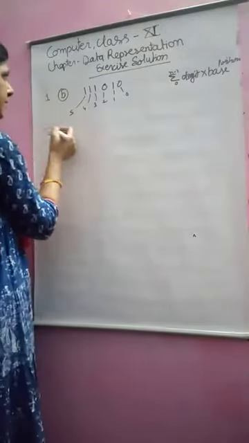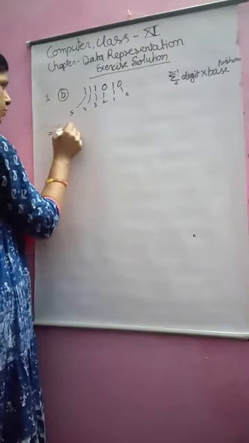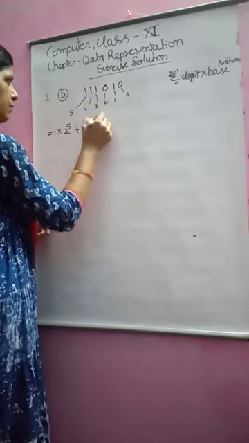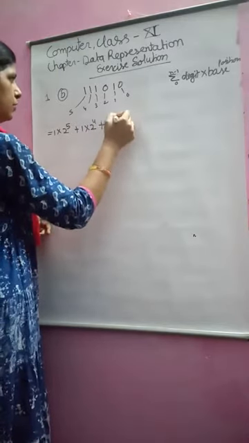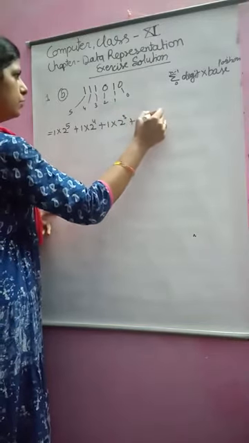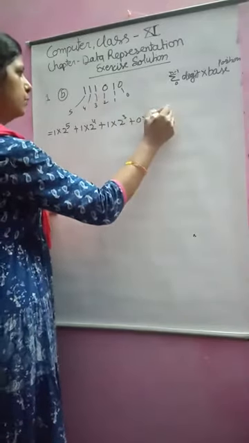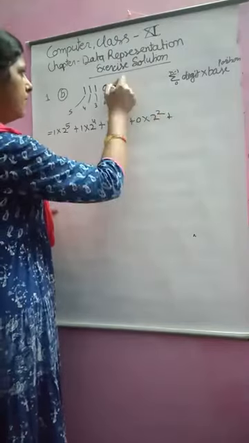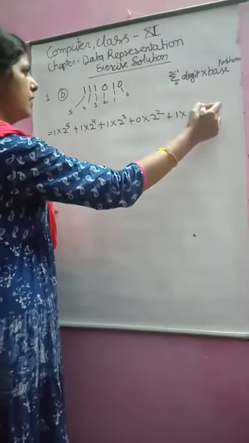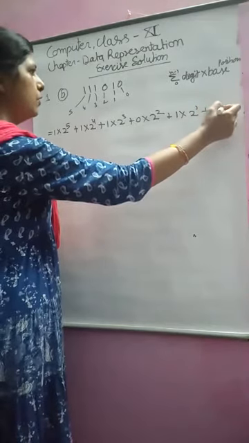Then summation: 1 cross 2 cross 5 plus 1 cross 2 cross 4 plus 1 cross 2 cross 3 plus 0 cross 2 cross 2 plus 1 cross 2 cross 1 plus 0 cross 2 cross 0.